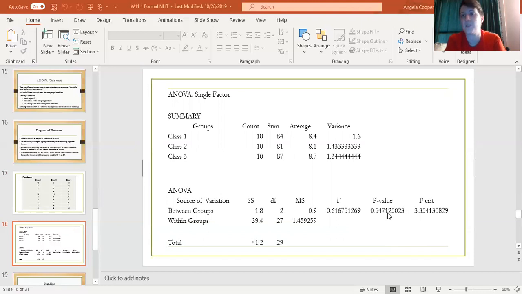Our P value is greater than alpha at 0.05, so retain. And our calculated F statistic is less than the critical F statistic, so that would also indicate that we retain the null hypothesis. What this is saying for this particular example is that all the classes scored pretty much the same across the board on this first quiz of the semester.